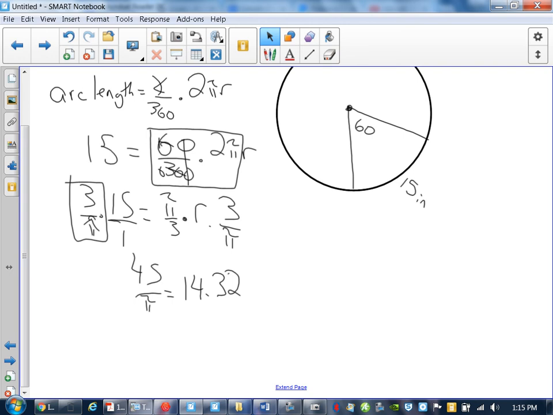It'll look just like that. I usually put it over 1, that way you guys don't think that something else is going on weird. And that's where you get your arc length stuff from. So then 14.32 would be the radius. Yeah.